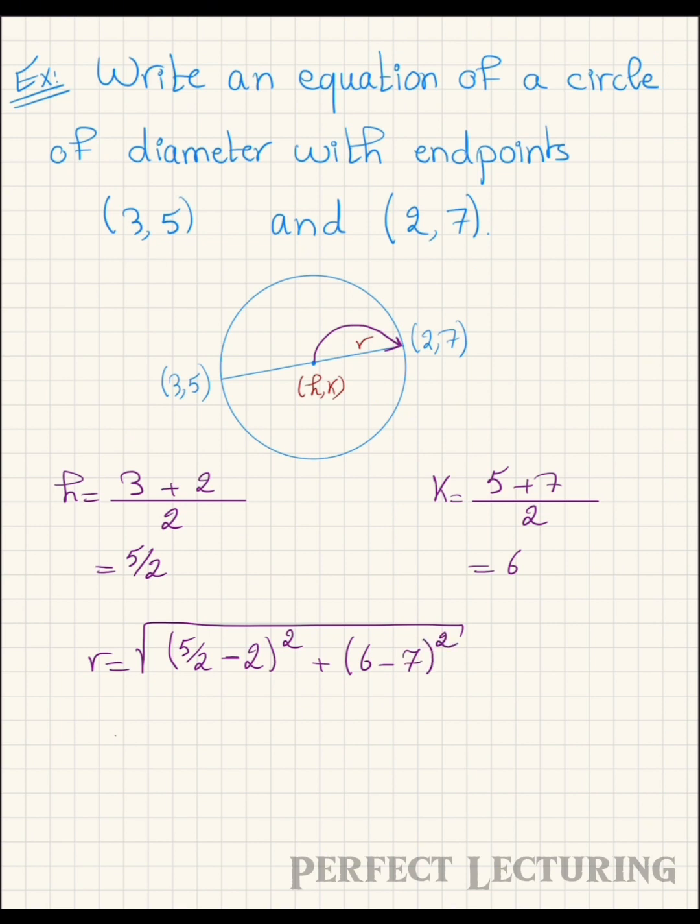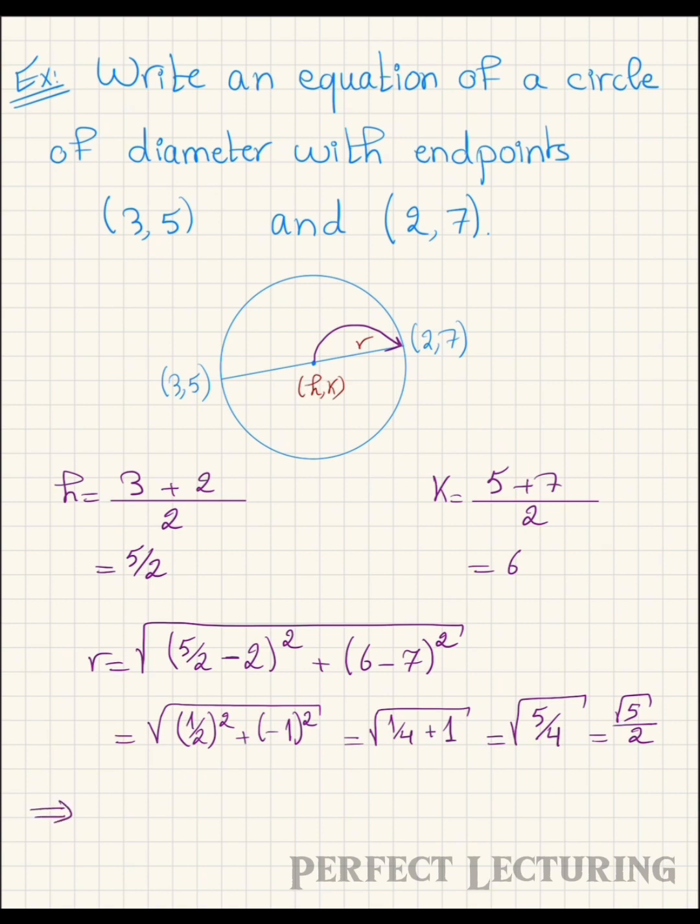And this gives us the square root of (1 over 2) all squared, plus (negative 1) all squared, that is equal to 1 over 4 plus 1, and it is equal to the square root of 5 over 4, which is the square root of 5 over 2, and we've got the radius.